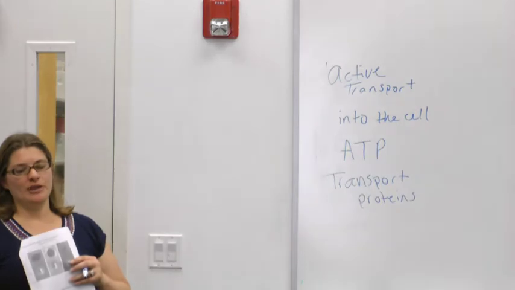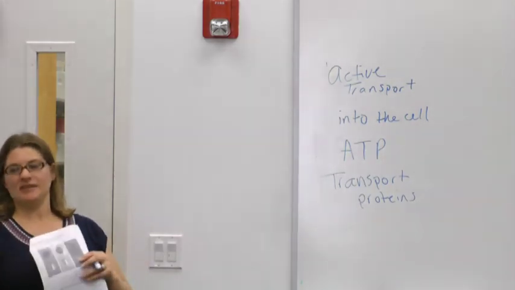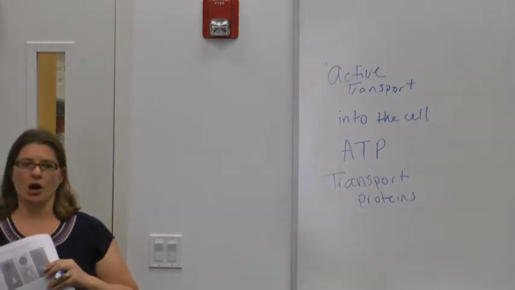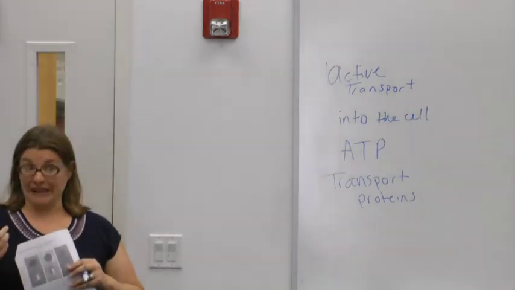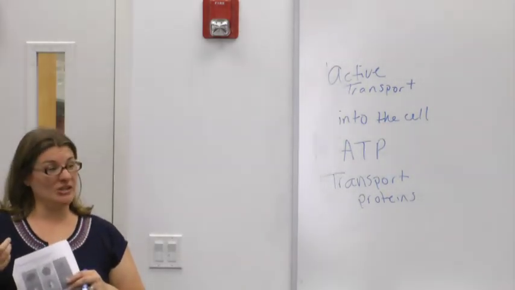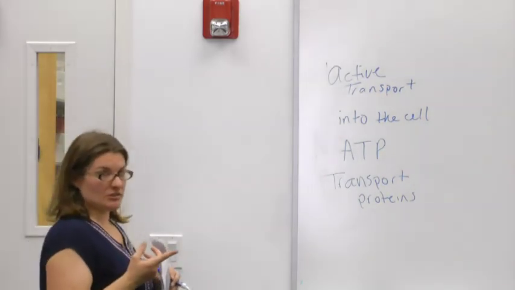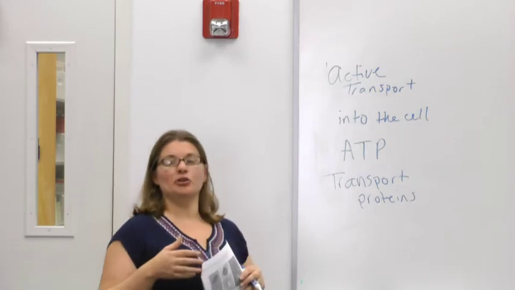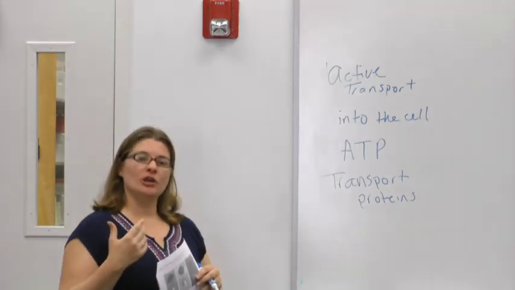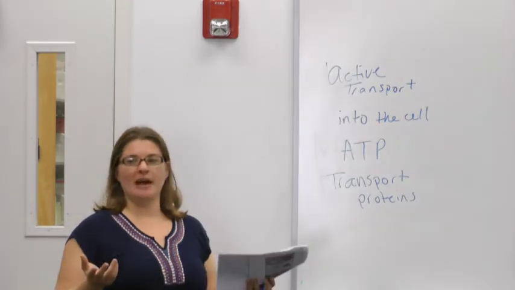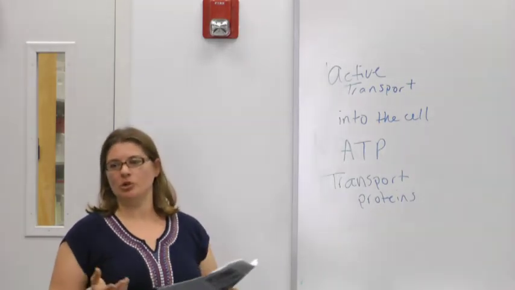Okay? Endocytosis is bringing things into the cell. Examples of endocytosis are cellular eating. Remember what that's called? What's cellular eating called? Phagocytosis. Okay? And then cellular drinking is called pinocytosis. Okay? So all of those are types of active transport. I'm not going to get into it too much.